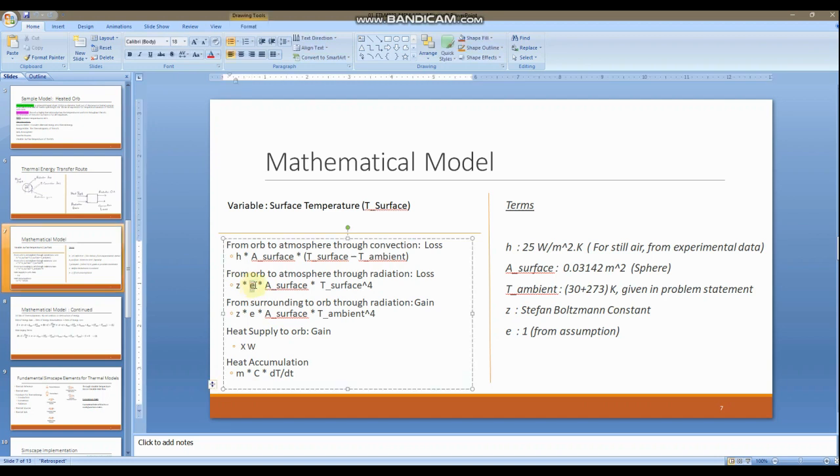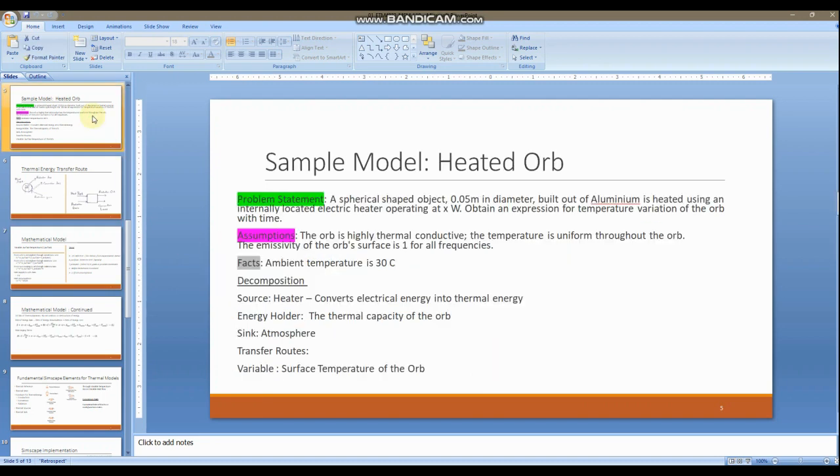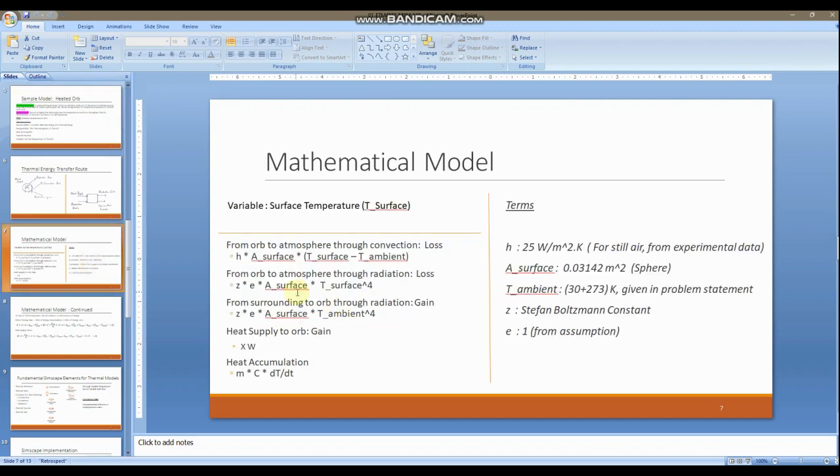For clarity, I'm using emissivity for both absorption and emission throughout the entirety of the frequency spectrum. So you just have to plug in E equals 1 over here. The same thing goes for absorption of radiation from the surroundings.